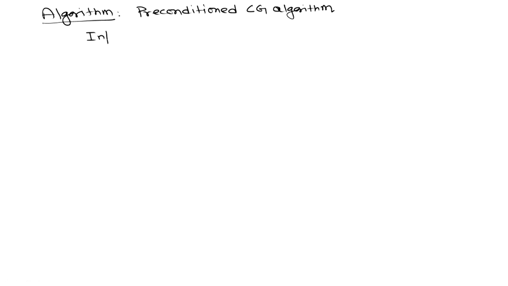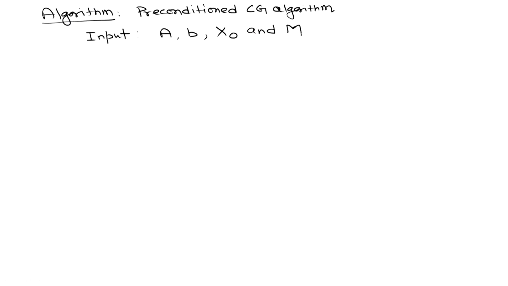The same algorithm which we took in the previous lecture, we will rewrite it, but together with a preconditioner M. So, let us write the preconditioned CG algorithm. Here the input will be the coefficient matrix A, the right hand side vector b, the initial solution x naught, and the modification compared to the classical conjugate gradient method is that here we will have a preconditioner M, which is a matrix of the same size as A.